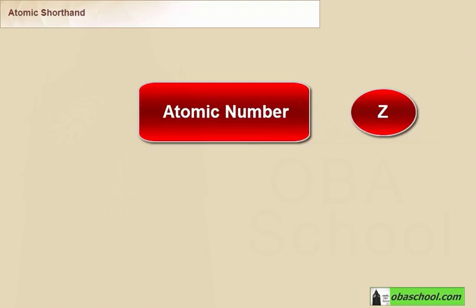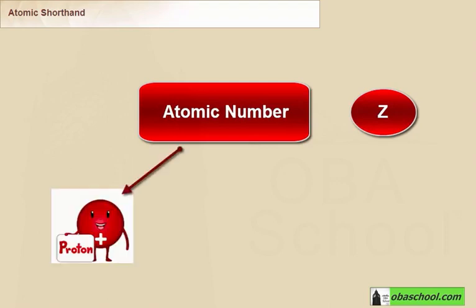The atomic number, or the proton number, indicates the number of protons in an atom. Protons are the positively charged part inside the nucleus of an atom. Also, since atoms are neutral, they have no overall charge, meaning that the positively charged protons will be balanced out by the negatively charged electrons.